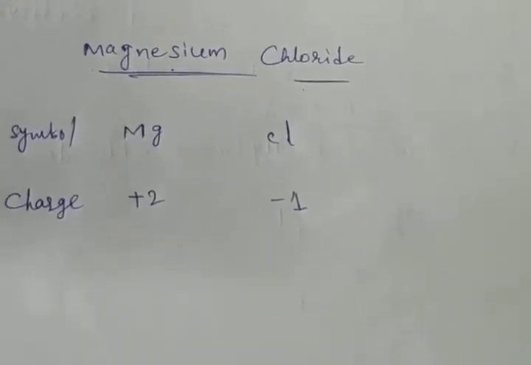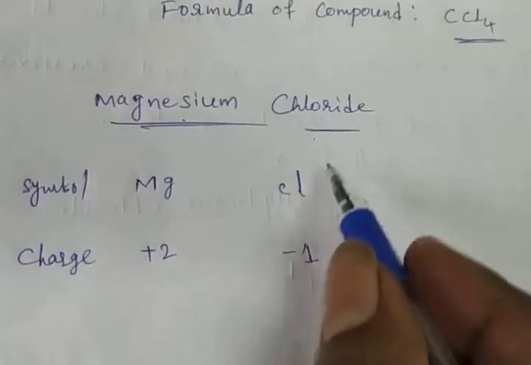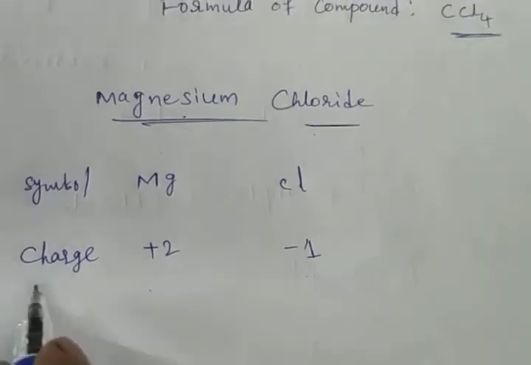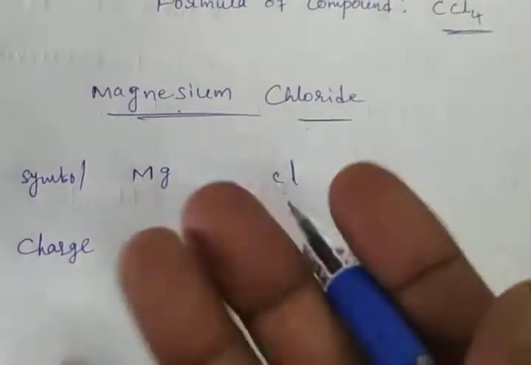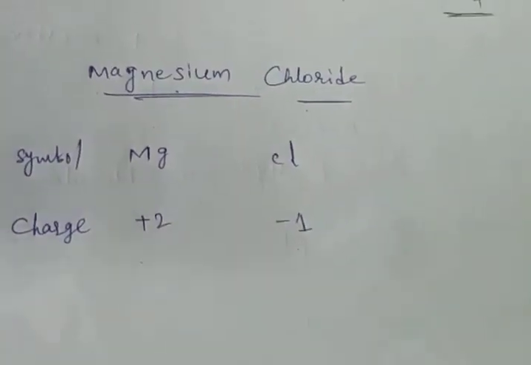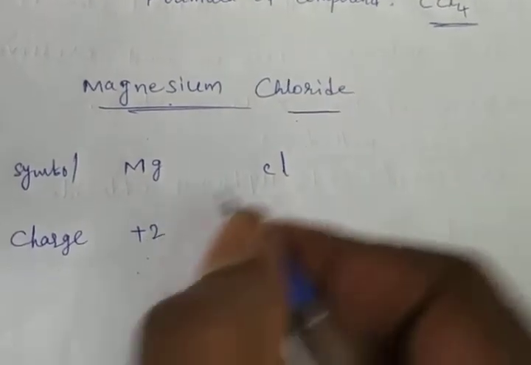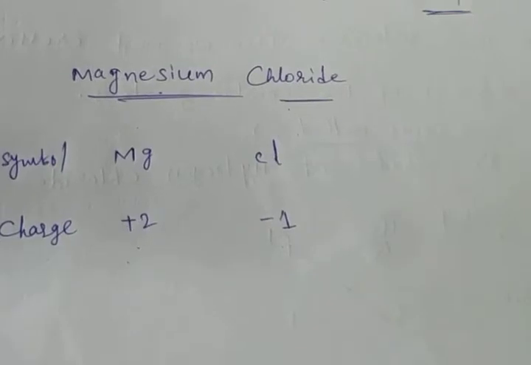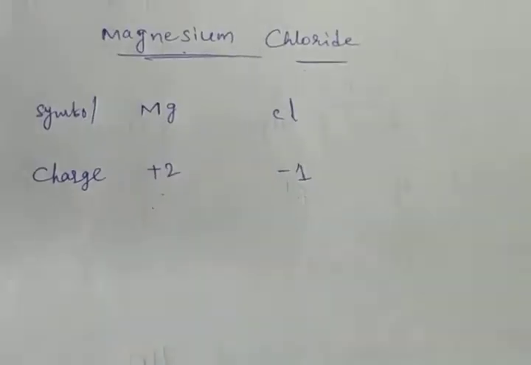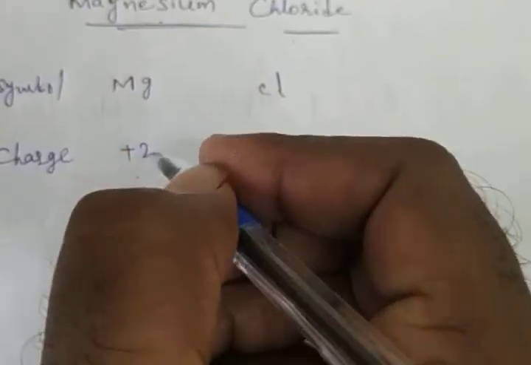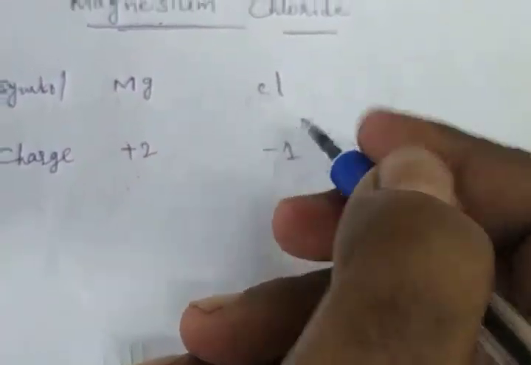If we take the valency, chlorine valency is 1 and magnesium valency is 2. But here I am taking the example based on the charges. Now Mg +2, Cl -1.